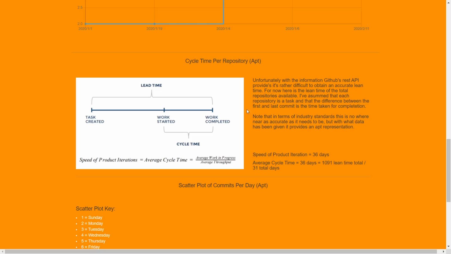So I've only gone, I think, 300 commits back for each repository, because anything more than that would take forever to load pretty much. Then I get the time difference, and I divide it by the total number of repositories. So we get an average cycle time of 36 days.